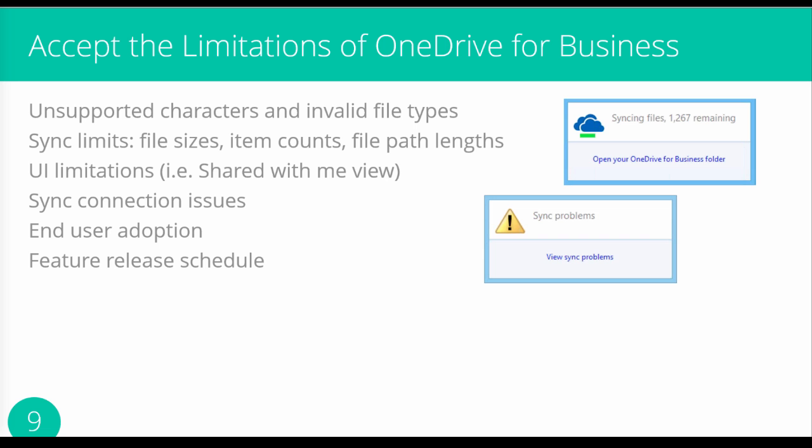So selective sync, sort of loosening or removal of some of these limitations with syncing. So we can keep track of the roadmap, and I'll share some resources with you guys so that you can look into that yourself. And so we can keep an eye on, and admins especially can get a chance to test out new features as they roll out into your Office 365 tenants.